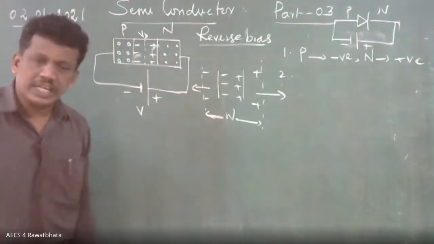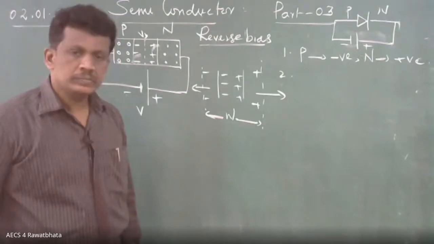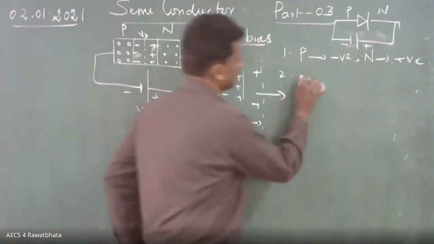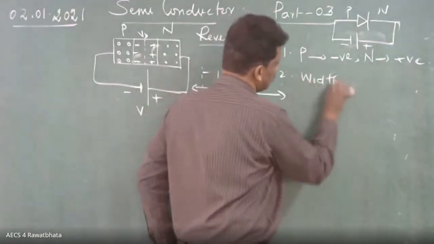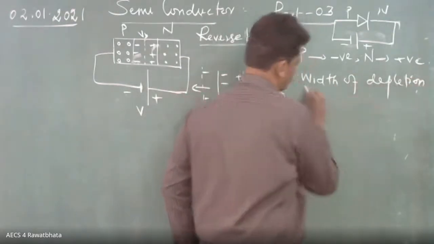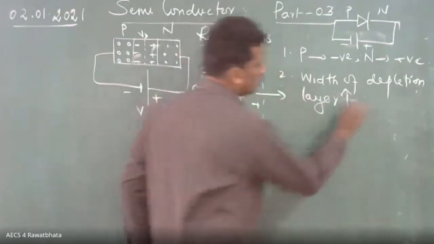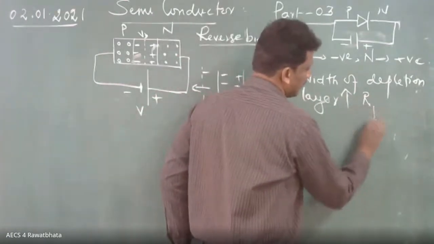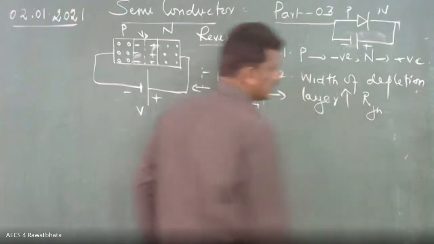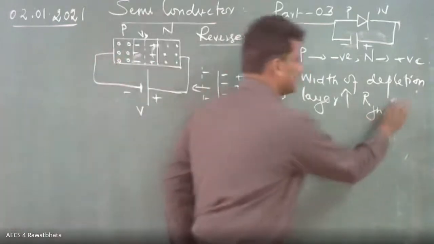The width of the depletion layer increases. So the resistance at the junction increases.